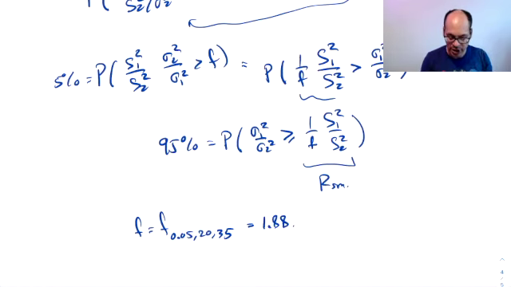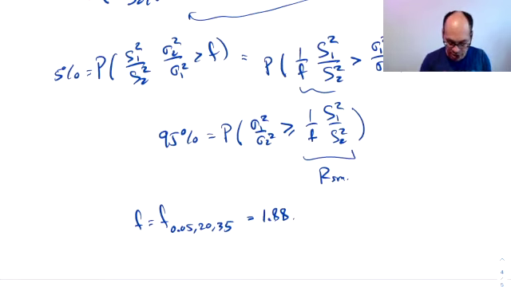And so what do we get for our R small? Our measured value of R small is, of course, this constant 1.88. That's just a fixed constant. But then times our actual measured values of S1 squared and S2 squared, we get 1 over 1.88.